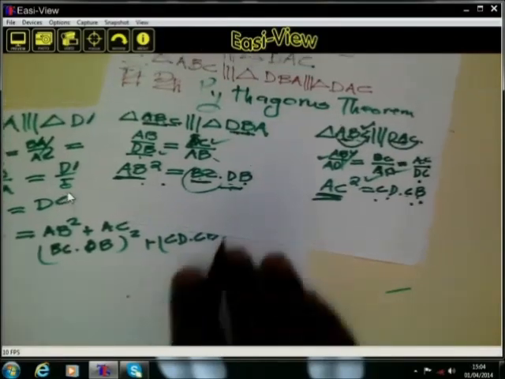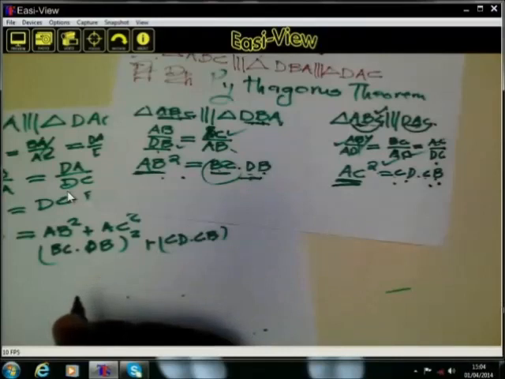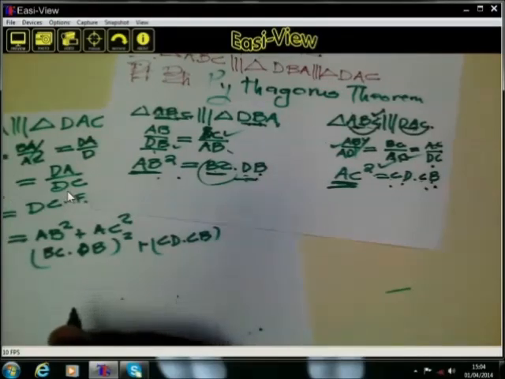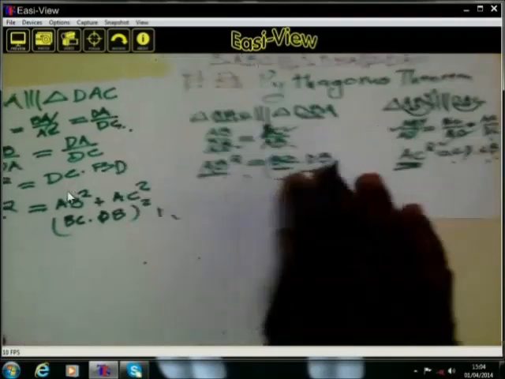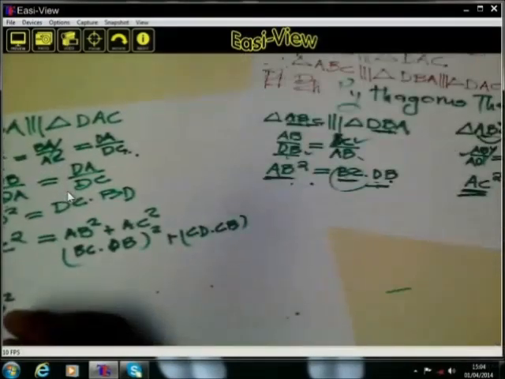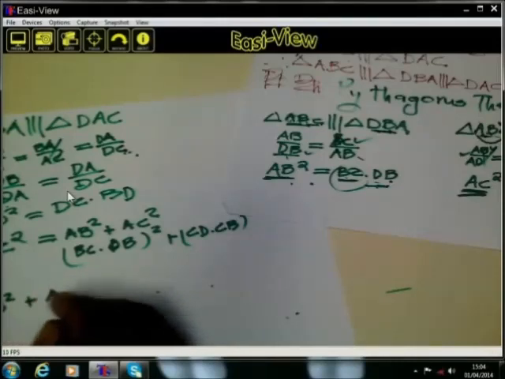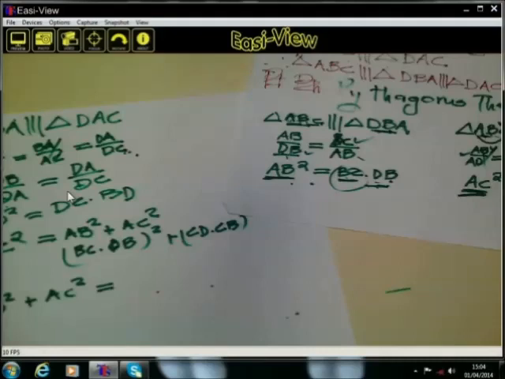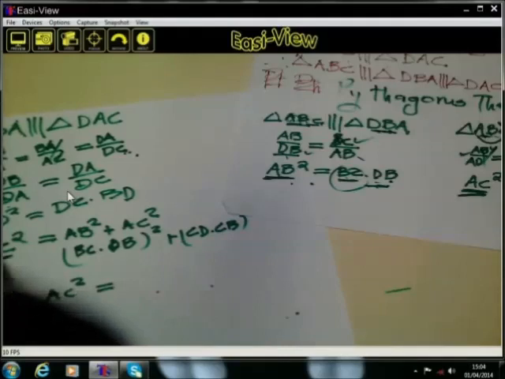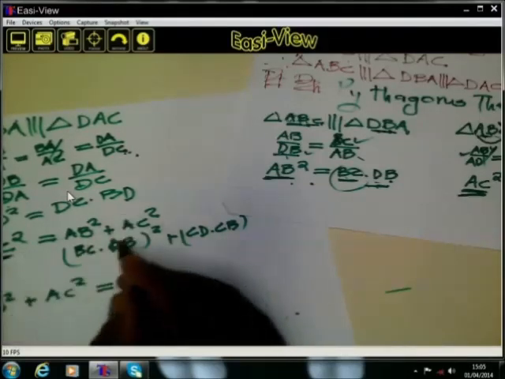It means we can have the following: AB squared plus AC squared being equal to what? Remember we want BC squared.